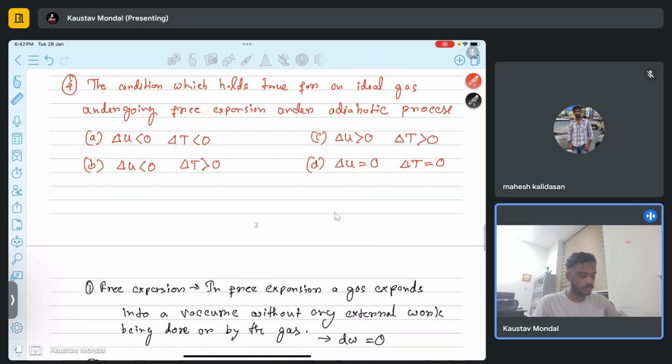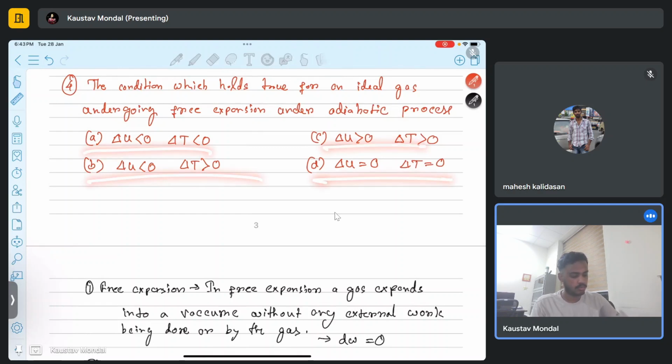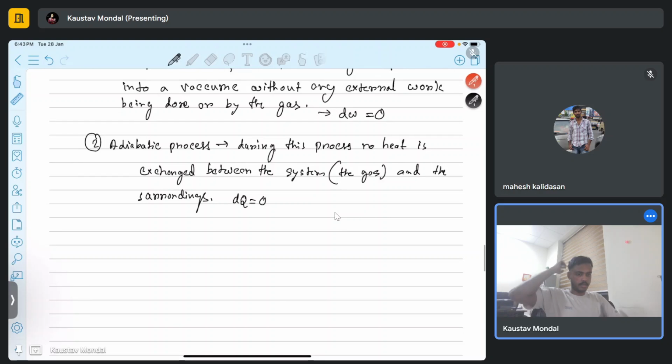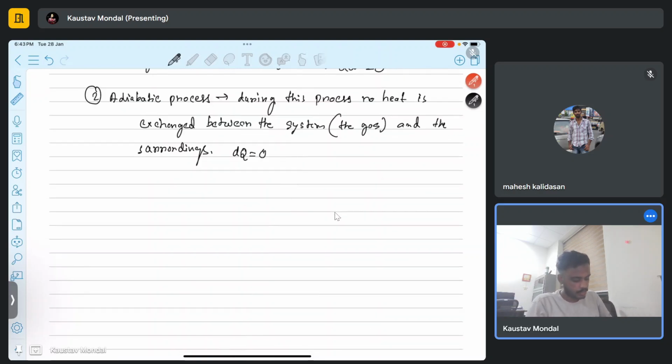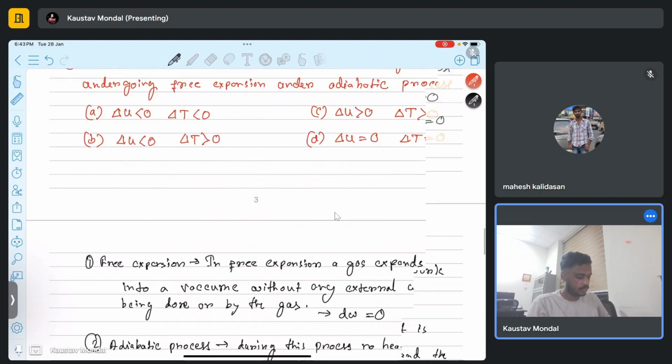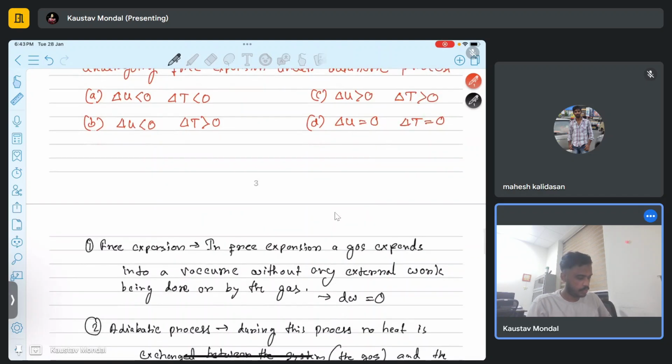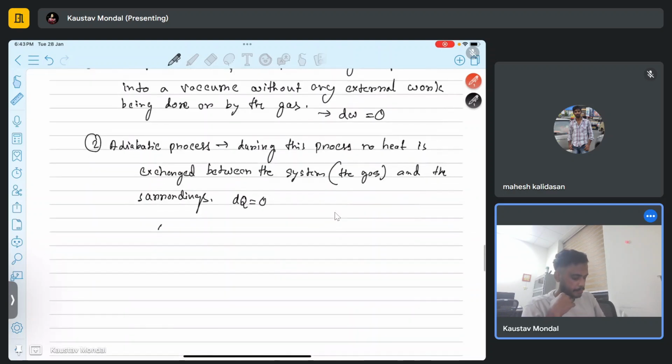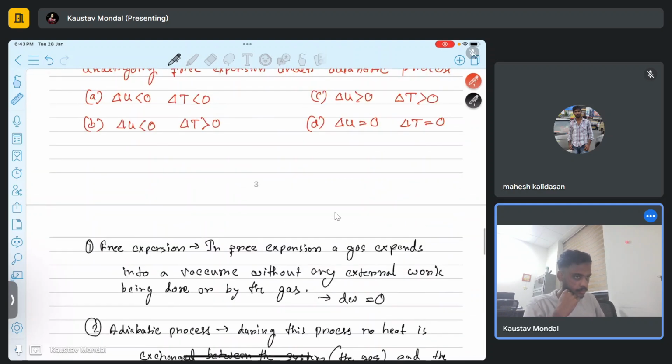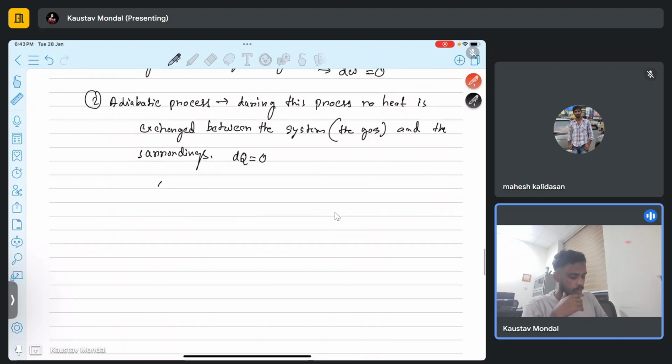Now we are supposed to find which of these four conditions are true. From the first law, dQ equals dU plus dW, right?